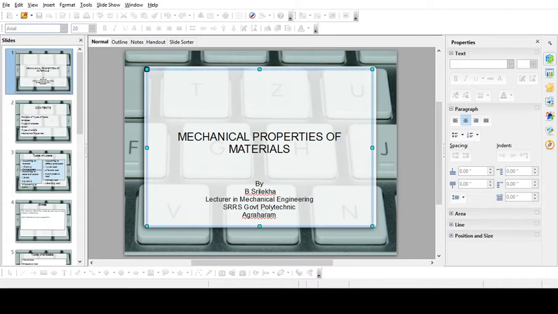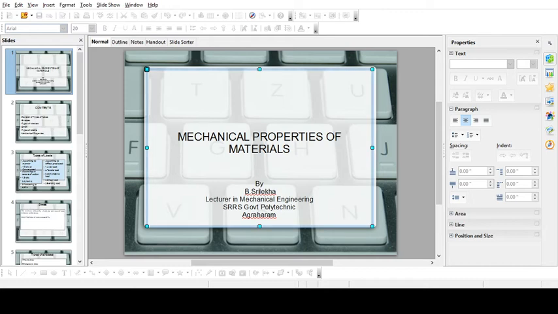Whenever a part is subjected to heavy loads, a metal possessing high toughness will help in deformation rather than breaking or fracture of the material. So toughness is the ability of the material to absorb energy before the fracture.